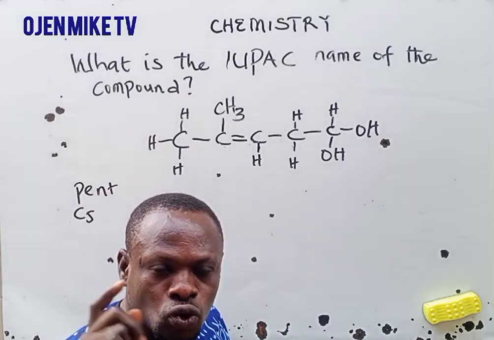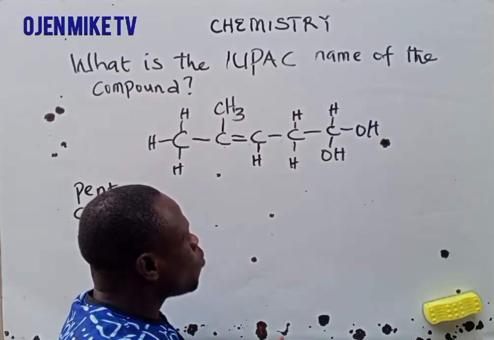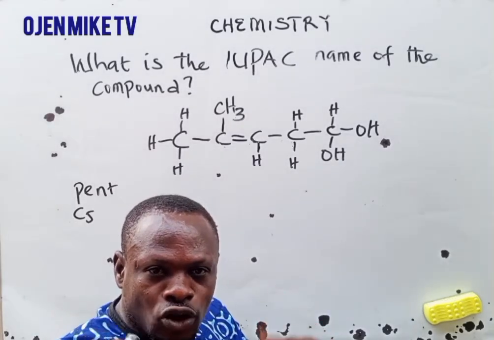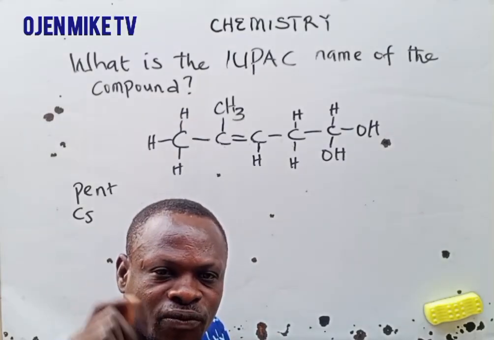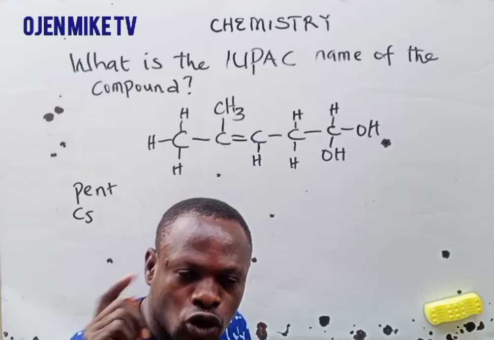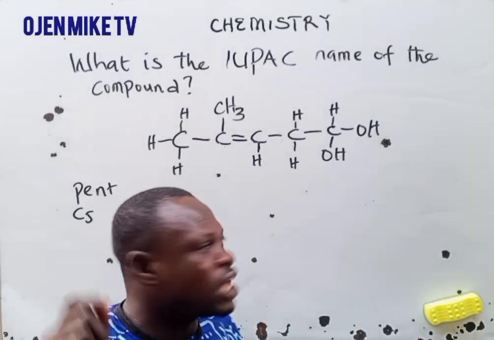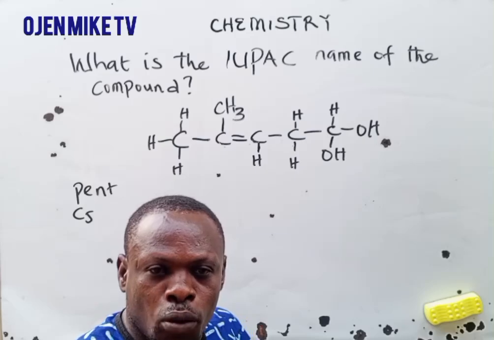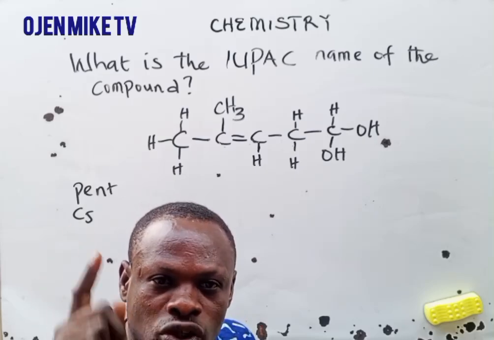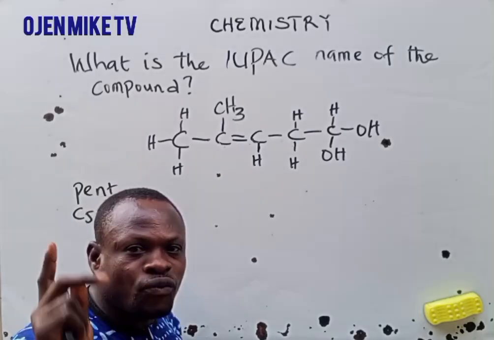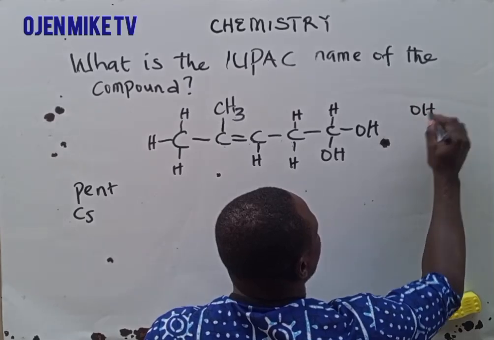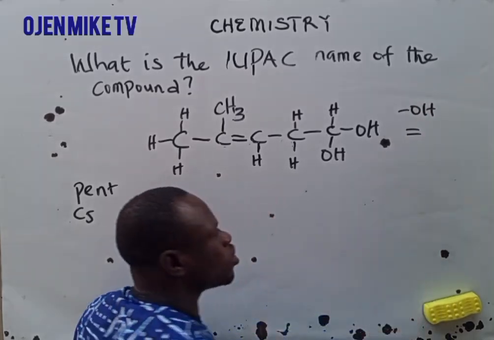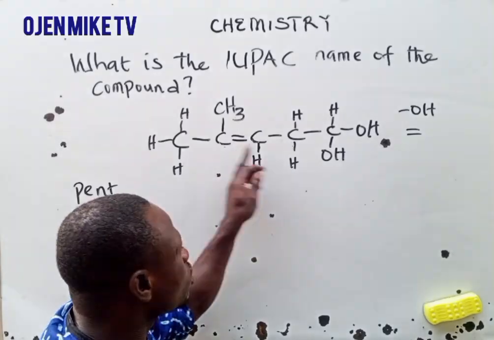The second thing you need to know is, where can you start your numbering from? You always start your numbering from a functional group. Anytime you have a chain with a functional group, you must start your numbering from the functional group. Now there are 2 functional groups here. We have OH and the double bond.